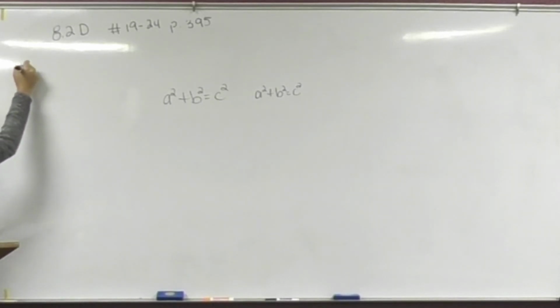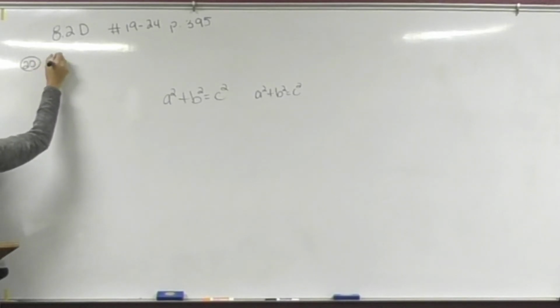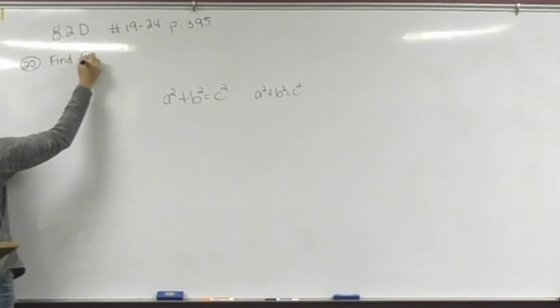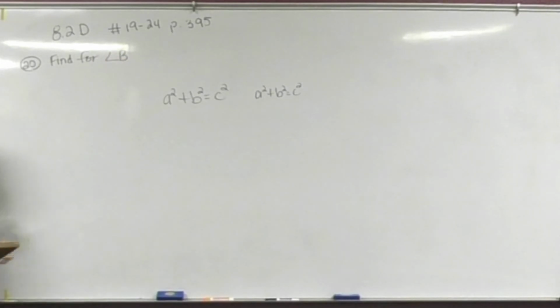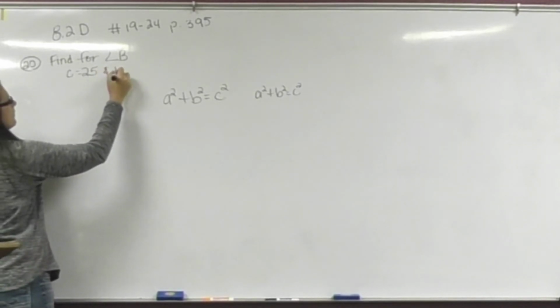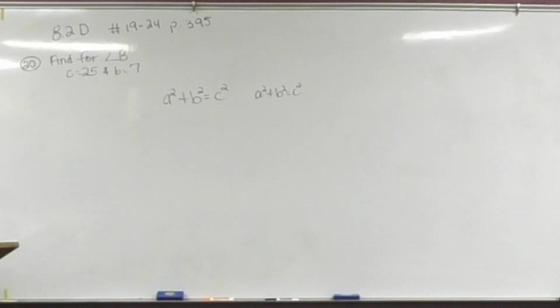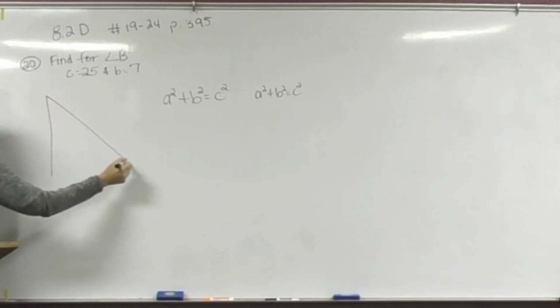So let's do number 20. The instructions for 20 say find for angle B, and we know that C is 25 and B is 7. So I need to see your right triangle drawn.